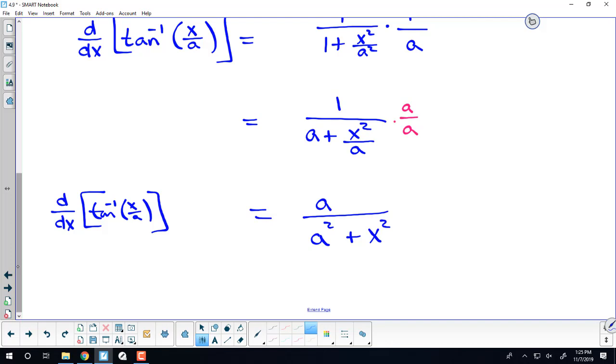So if that's the case, then when we take the antiderivative of both sides, we just get the inverse tangent of x over a over here, and the antiderivative of a over a squared plus x squared.